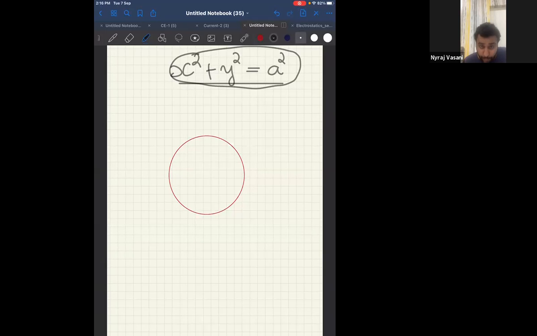Now you should prove how question number 4 is in this form. Can you do that? Prove that question number 4 can be written in this form. You can square and add both the equations. You can do whatever you want. You can take square root, you can divide, you can multiply. You have to show how question number 4 can come to this equation: x square plus y square equal to a square.